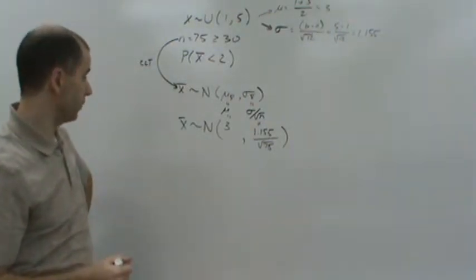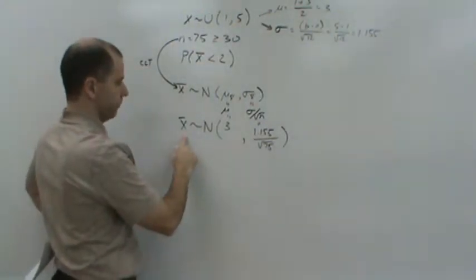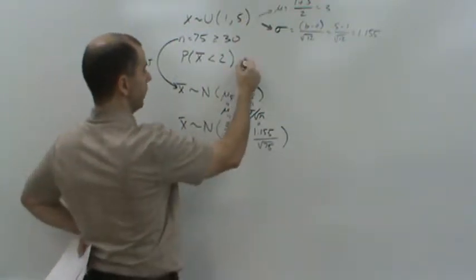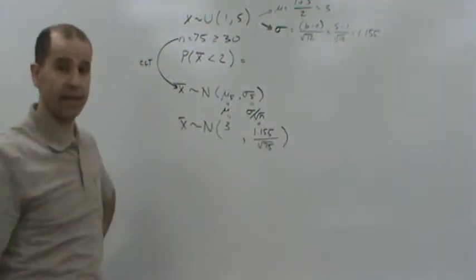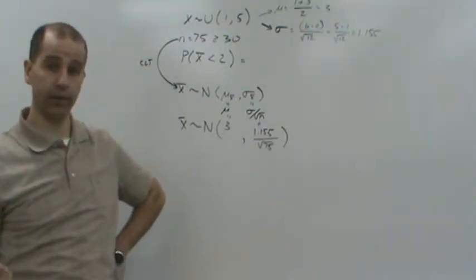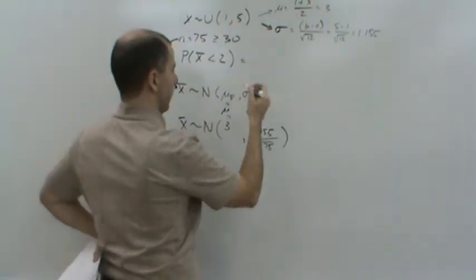We've got the distribution of X bar based on the central limit theorem, which means we can use either the z-table or the calculator to find the probability. So let's use the calculator.